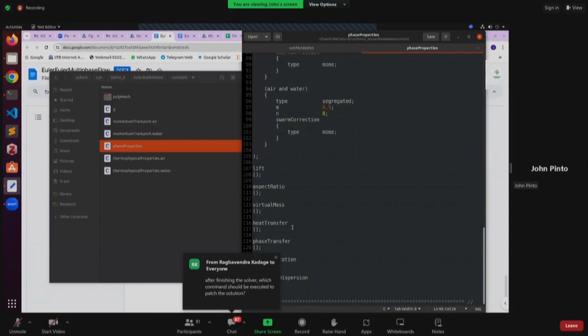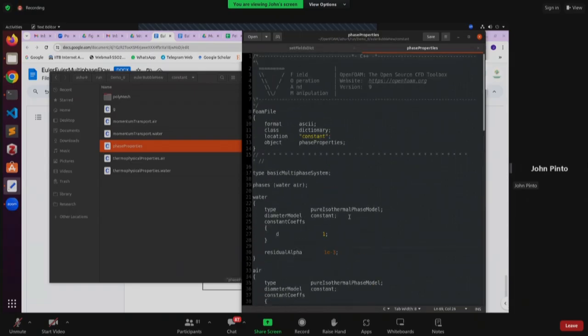If there is heat transfer between the phases, then that will come into the picture. Similarly, phase transfer. And wall lubrication means if your bubble is approaching the wall, how it should react, whether there should be some repulsive force. And turbulent dispersion is how your bubble or your dispersed phase reacts with the turbulent eddies. So all these things have to be modeled, and those are accounted for in this phase properties file.